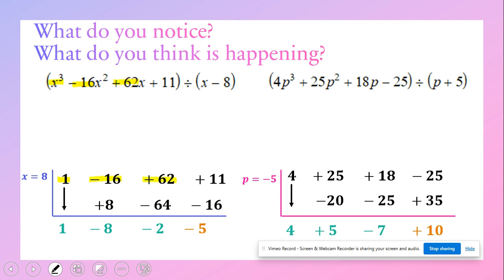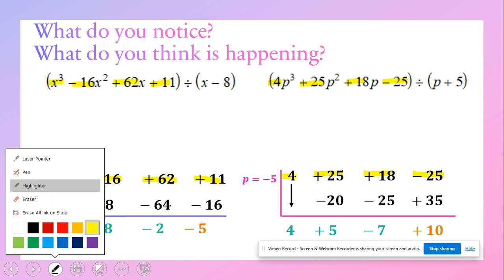Positive 62x has a coefficient of positive 62. Positive 11 has a coefficient of positive 11. And so all of those matched with the values right there. Similarly, in the second example, it's 4p to the third, we got 4. Plus 25p squared, we got plus 25. Plus 18p, we got plus 18. Minus 25, we got minus 25. So hopefully that jumped out to you.